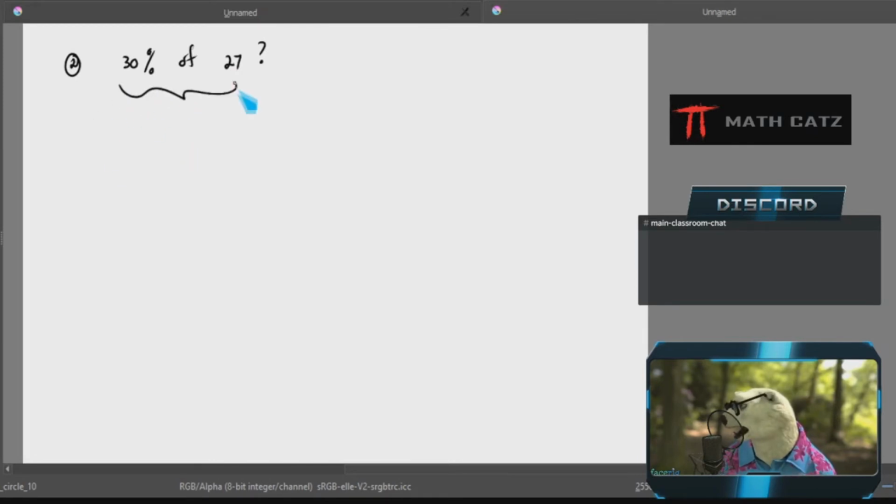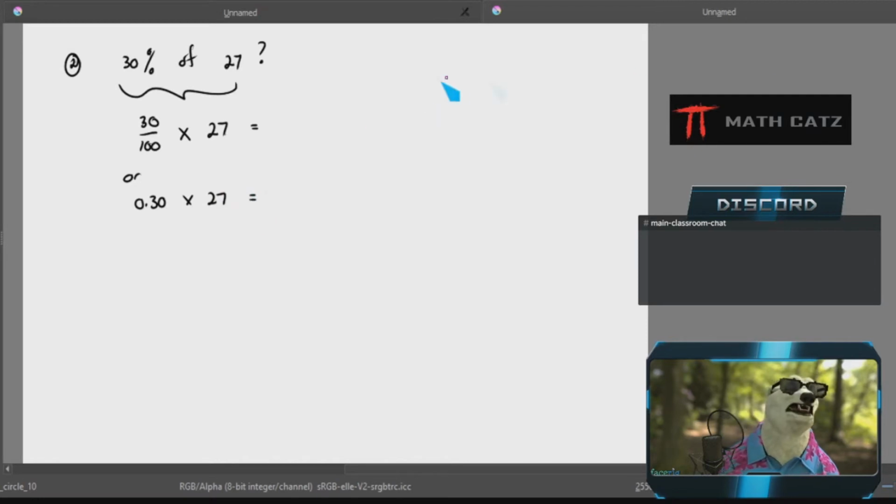So the calculation, in whatever version you want, 30 over 100, "of" is multiplication, and 27 is my number. Or you can say the decimal version is 0.30 times 27.